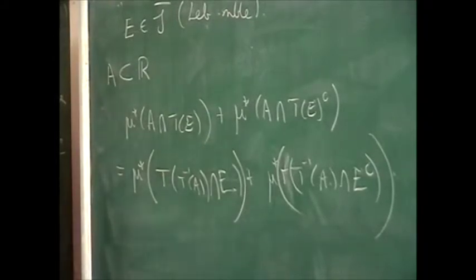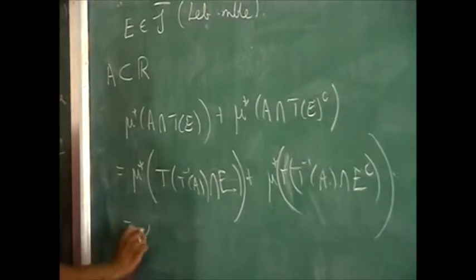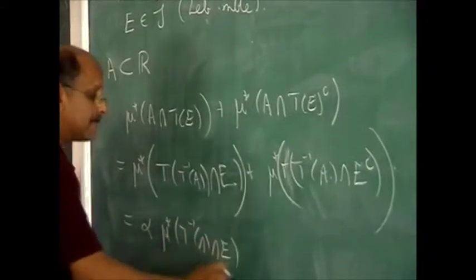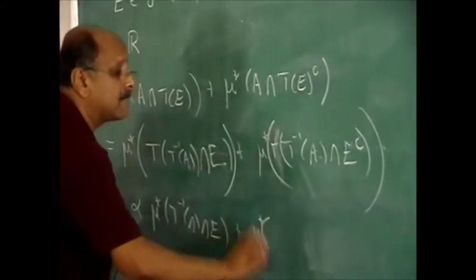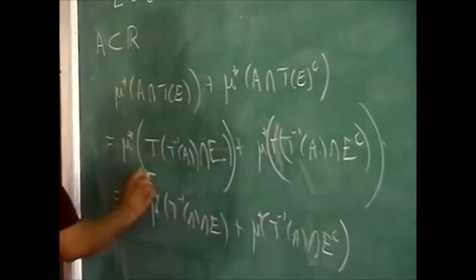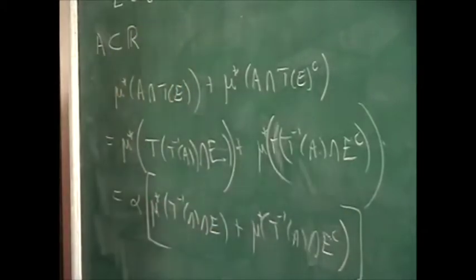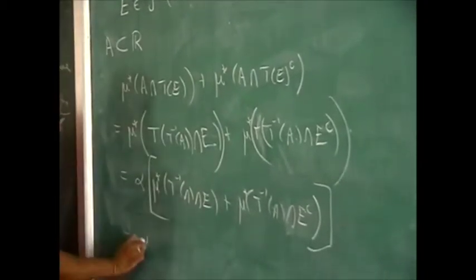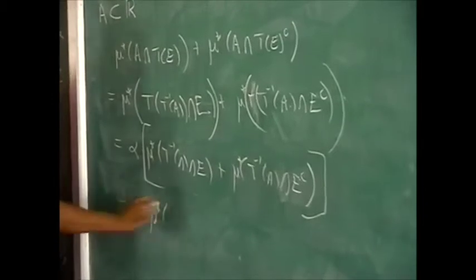Mu star of T of E is what? Alpha times mu star of E. Okay? So this is alpha times mu star of E. If E is a Lebesgue measurable set, then by the definition, this is alpha times mu star of T inverse.